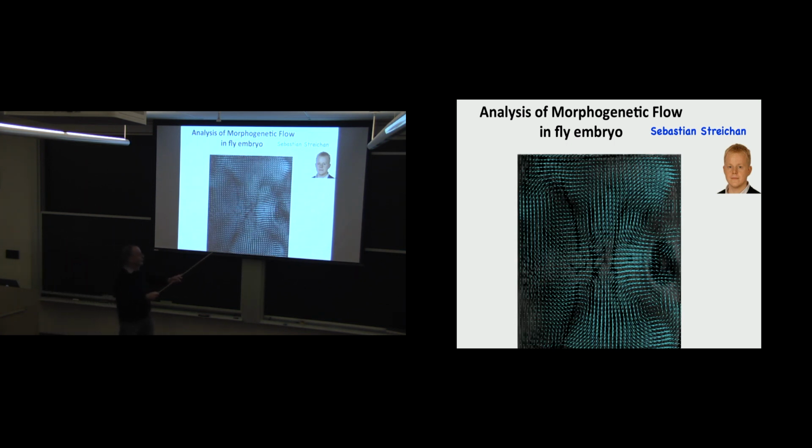Instead, I'll show you the analysis of the flow that Sebastian did, just to visualize local velocity of tissue, right? So you see these little arrows, they correspond to flow velocity. If you stare at it for a moment, you recognize a rather simple topology of this flow. This is the dorsal side, and this is the ventral side, which is cut up and ends up on two edges, and the flow is converging ventrally, right?